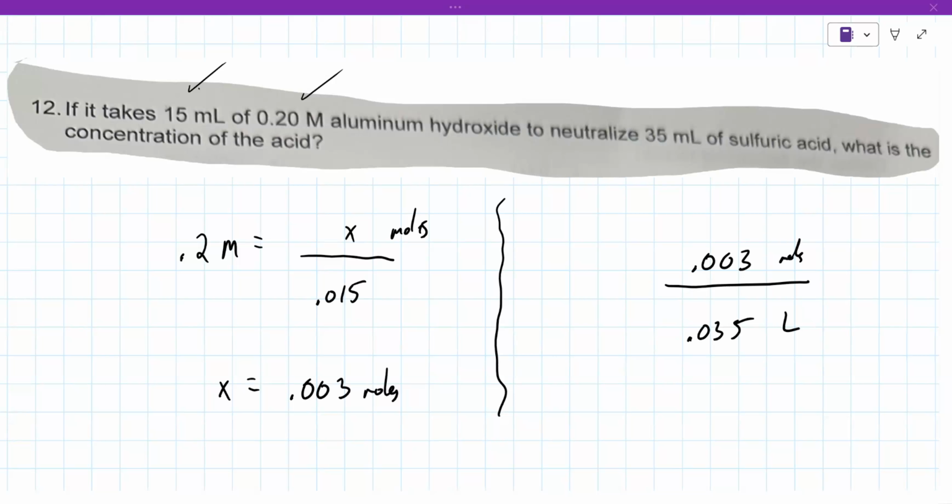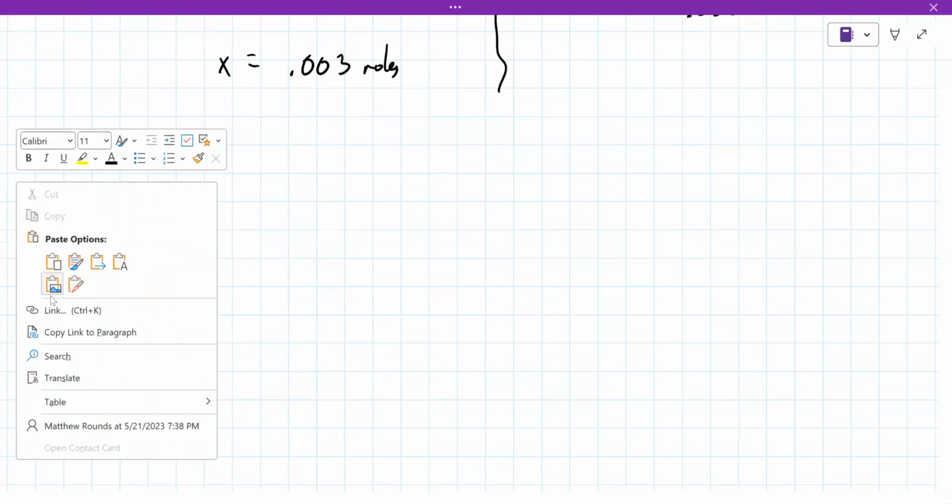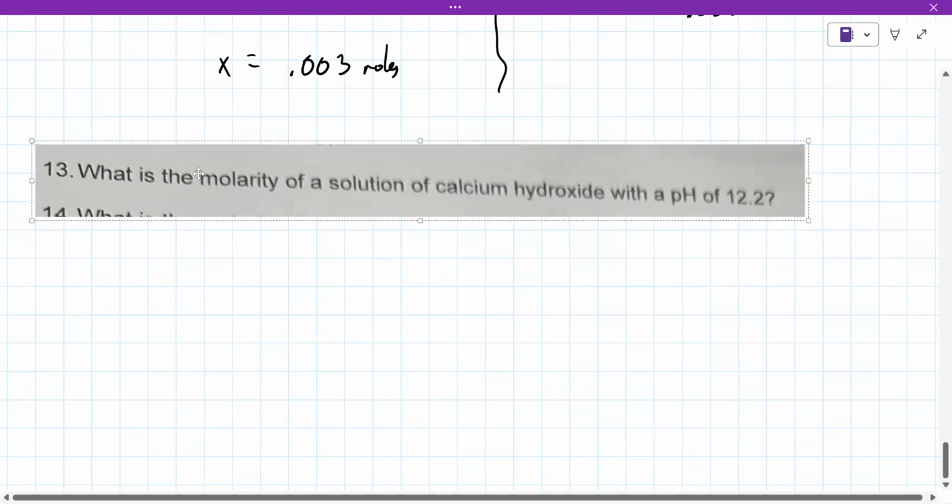Molarity of a solution of calcium hydroxide with a pH. All right, let me snip it in here. Maybe we can find a way. Not working. Okay. All right, so it says, what is the molarity of a solution of calcium hydroxide with a pH of 12.2?